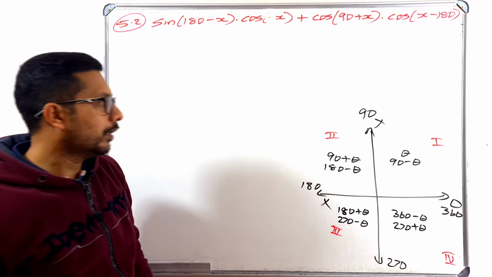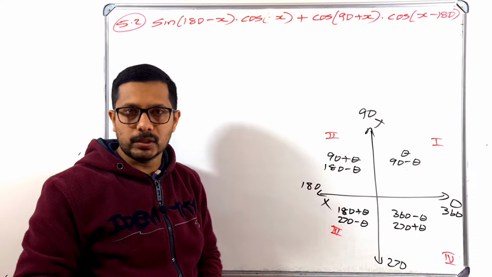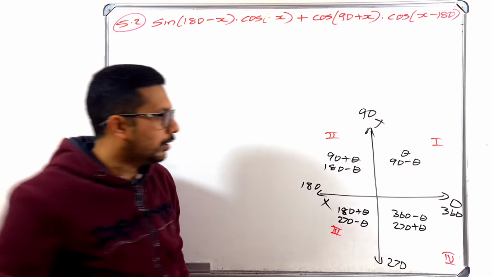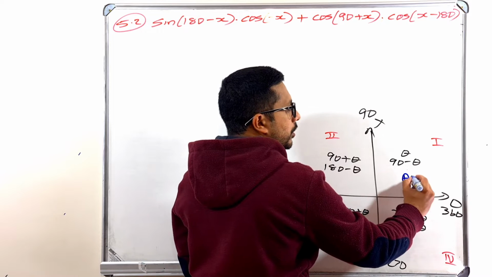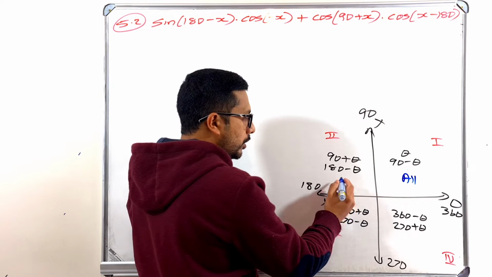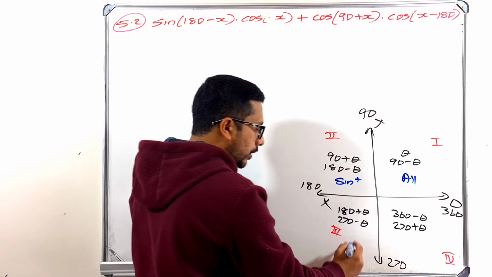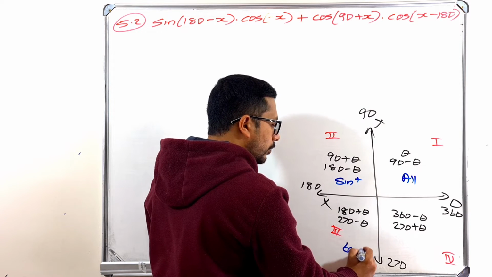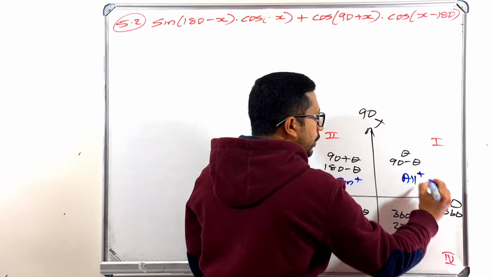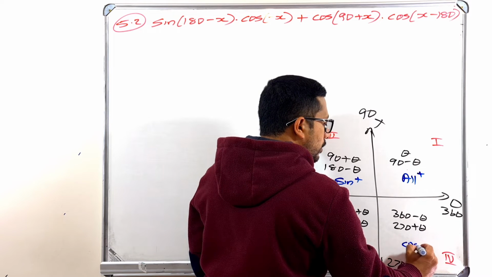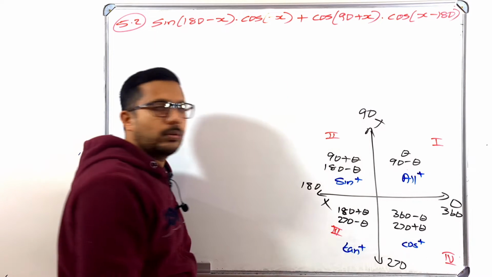Anyway, I hope you remember this one. And here which trigonometry is positive? In the first quadrant, all the trigonometric ratios are positive. Here, sine is positive. Here, tan is positive. Then here, cos is positive. On the fourth quadrant, cos is positive.